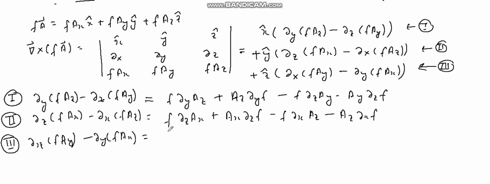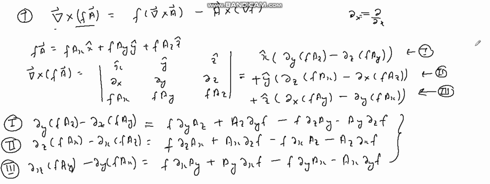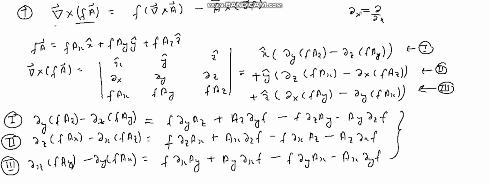We again use the product rule: f del x of ay plus ay del x of f, minus f del y of ax minus ax del y of f. So we get these 12 terms after expanding the LHS.